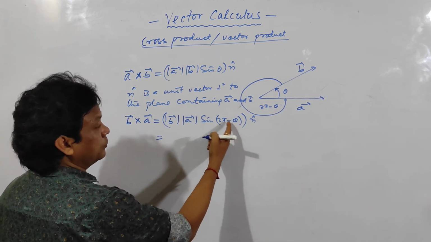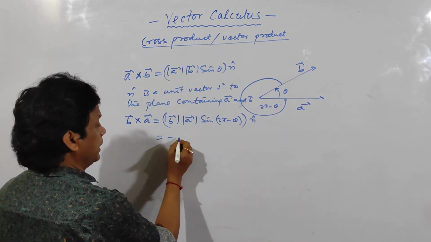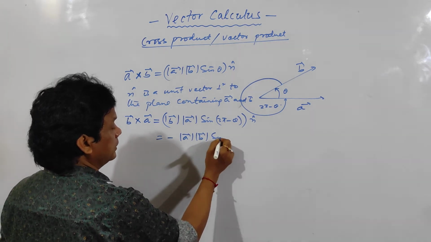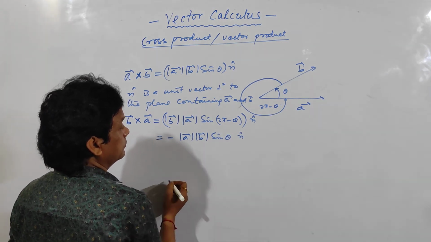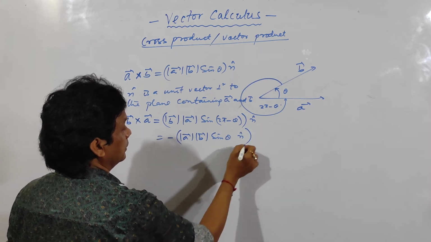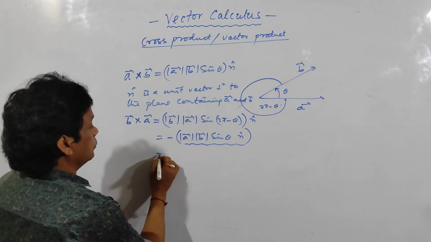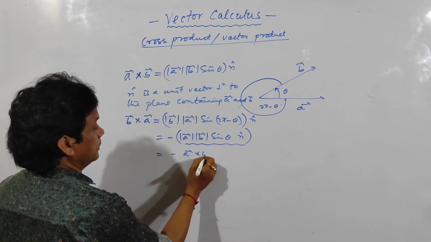And sine of 2 pi minus theta is minus sine theta. So minus |A| |B| into sine theta into n cap. Clear? And this one is your A cross B. So minus of A cross B.